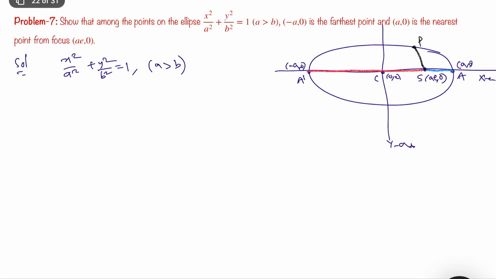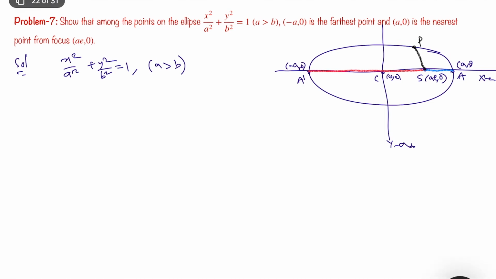That means for this focus S, AE comma 0, A is the point which is the smallest focal distance and A dash is the point on the ellipse which is the largest focal distance. That means if you take any point P on the ellipse, the focal distance of that point will be bigger than this SA and smaller than this SA dash. Okay, that's what we have to show.